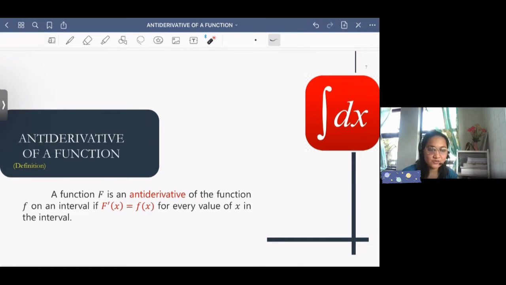But if we are concerned with the uniqueness of the antiderivative of a function, we can actually say that it is not unique because it can be the antiderivative of many other functions. But there is a way for us to determine the general antiderivative of a function.